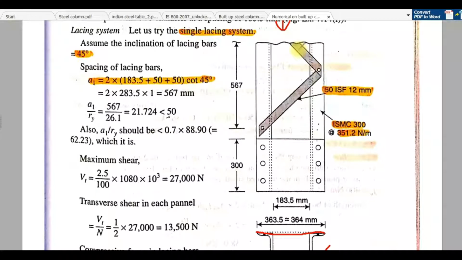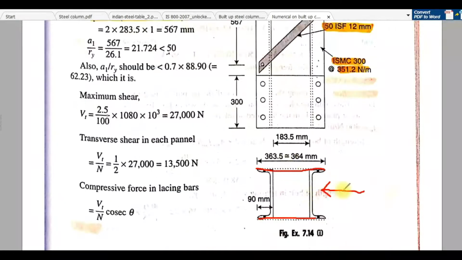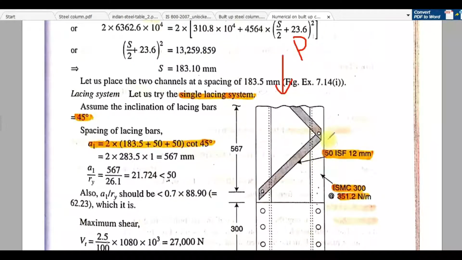You have to find this component of this transverse load. This load will act in this direction, and will create some component along these directions. You have to find this component because it will be a compressive load for this lacing bar.